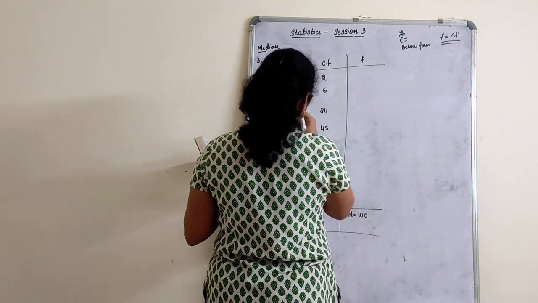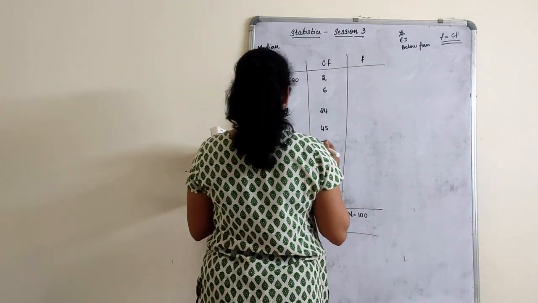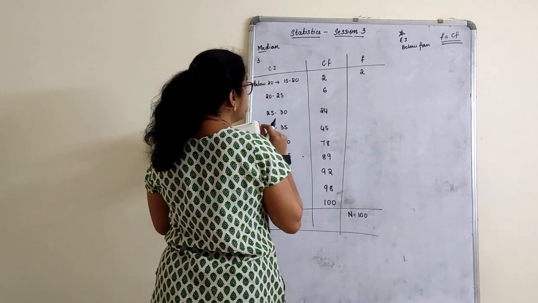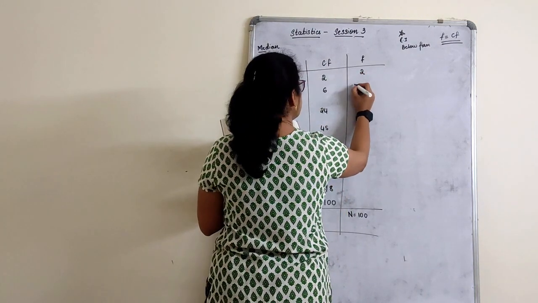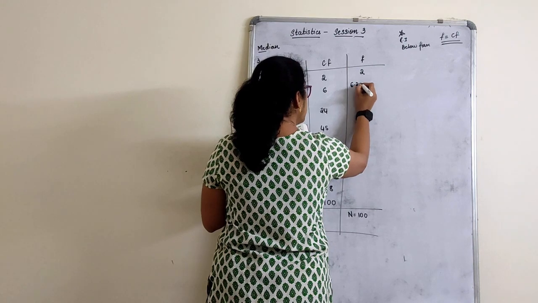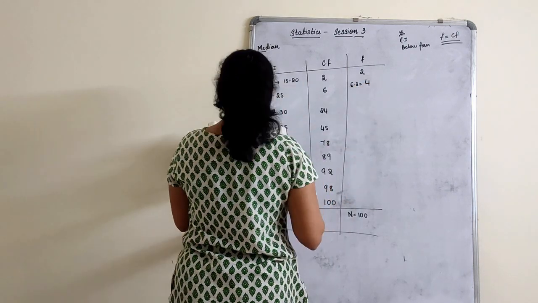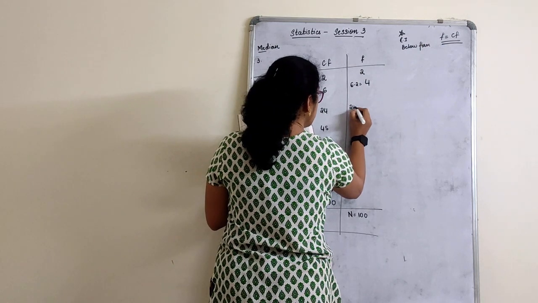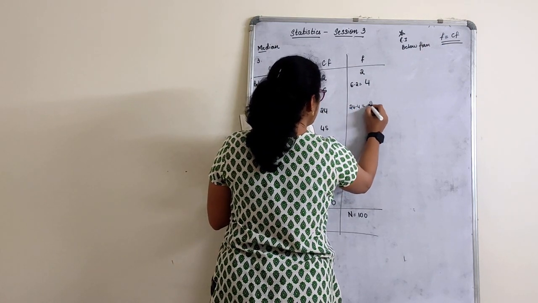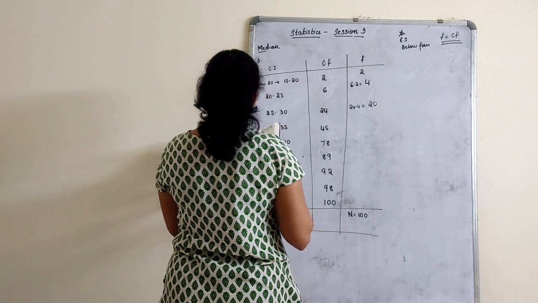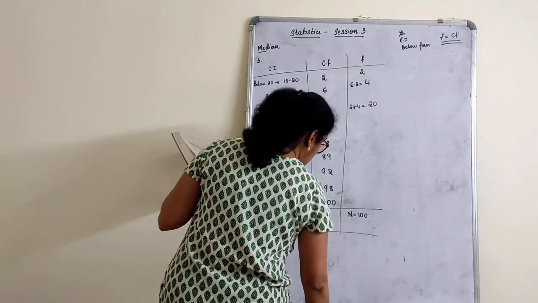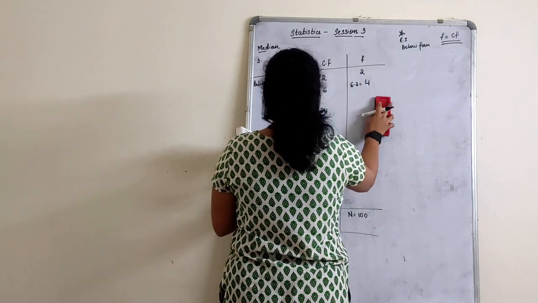To calculate f, start with the first one only as 2. The second term will be written as 6 minus 2, which is 4. Sorry, I just went wrong here, I got confused with cumulative frequency.